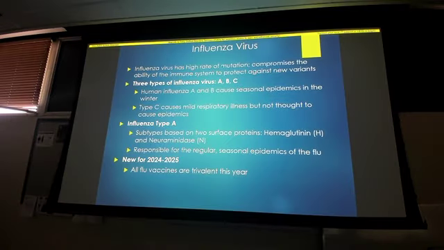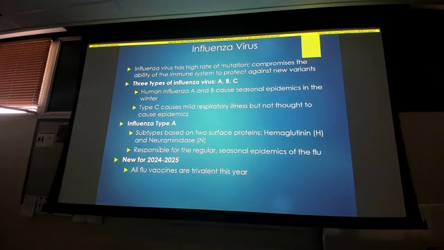So when you're looking at this, this is kind of what we were talking about. We have 3 different types of the flu virus: A, B, and C. When we look at influenza A, we will pull out different strains and say, hey, most of the influenza occurring this year is going to be from these strains.